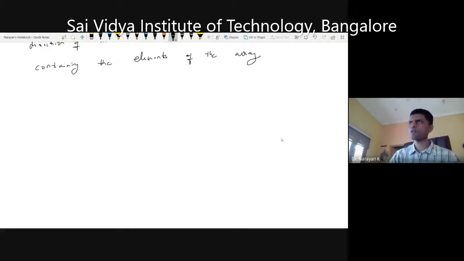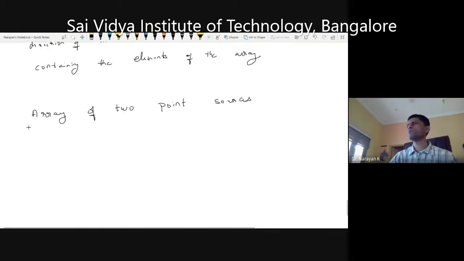Next, a very important concept we are going to start here is the array of 2-point sources. This is mathematically very important from your examination point of view also.